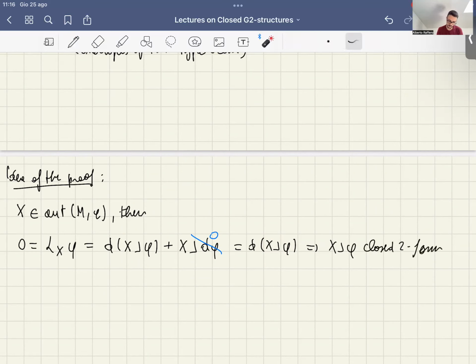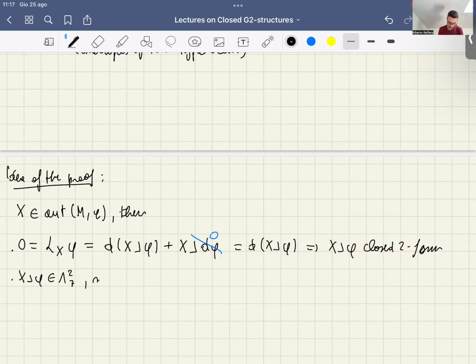But if you remember, a two-form of this type is not any two-form. This belongs to the space of two-forms that is modeled pointwise on the 7-dimensional irreducible submodule of the space of two-forms. And so in particular, this contraction pointwise belongs to lambda 2 7.